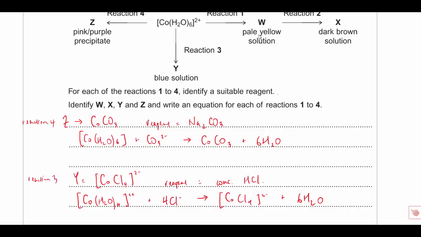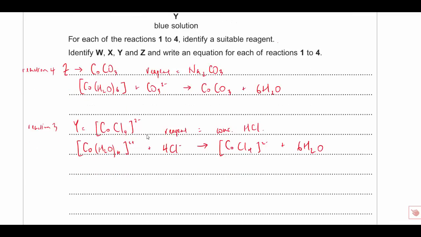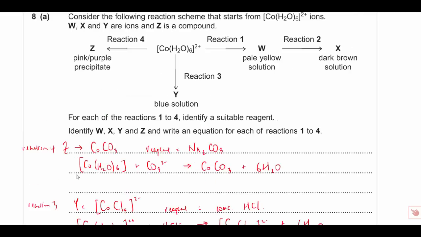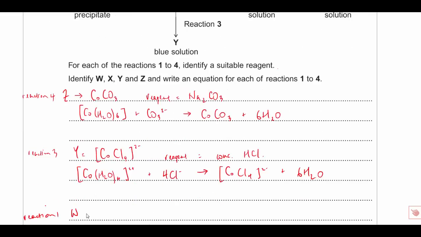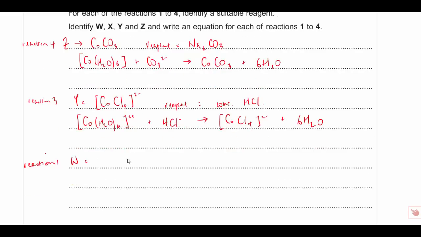Might as well go to W next as our pale yellow solution. Again, pale yellow. Told you it's pale yellow, straw colour, whatever you want to call it. This one, let's go for ammonia. So reaction 1. What was it called? W. So it's been ammoniafied. So reagent is going to be ammonia.